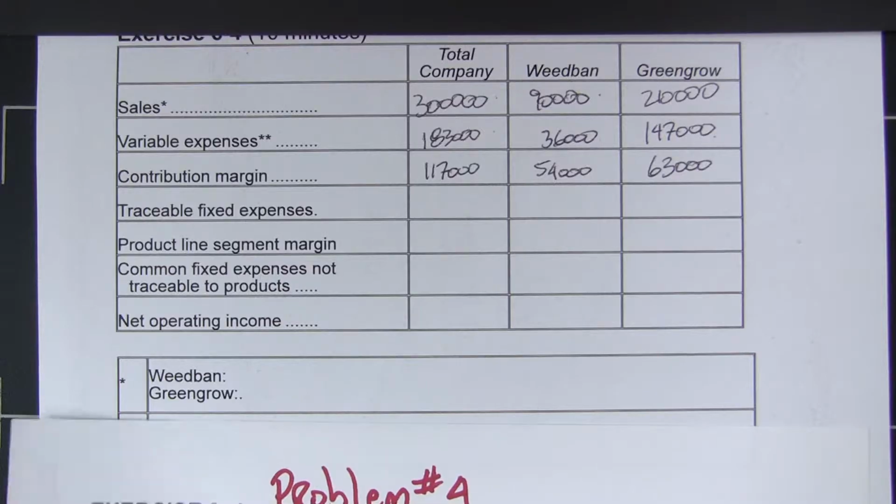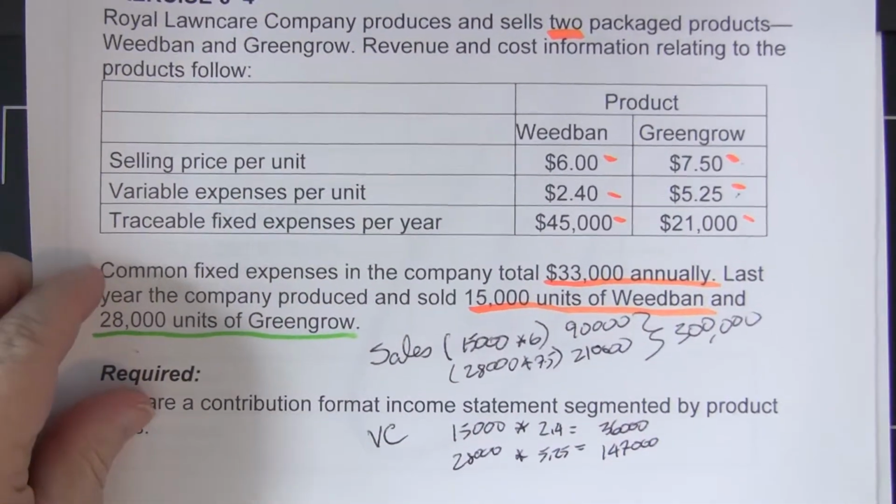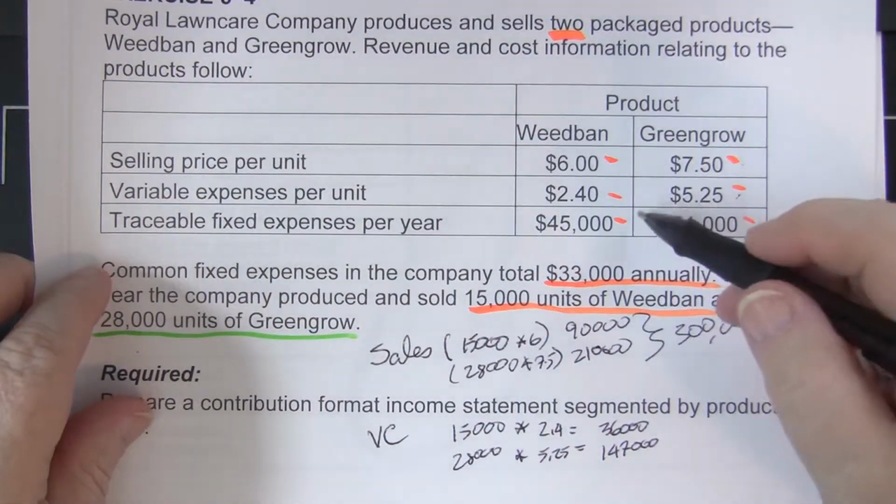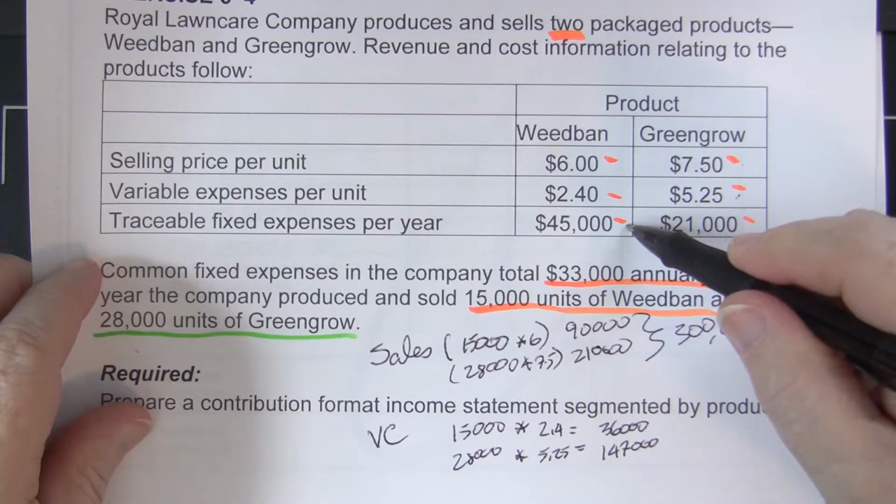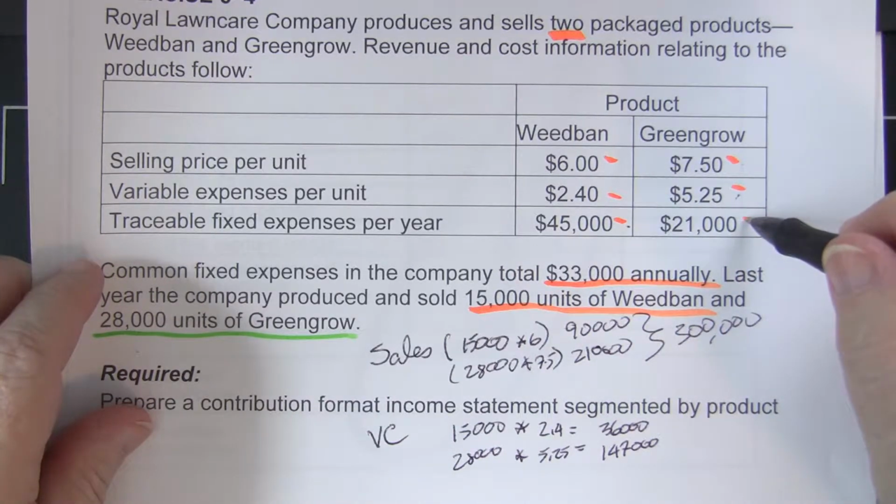Now, let's go back and pick up their traceable fixed costs. Weed Ban is $45,000 and Green Grow is $21,000.